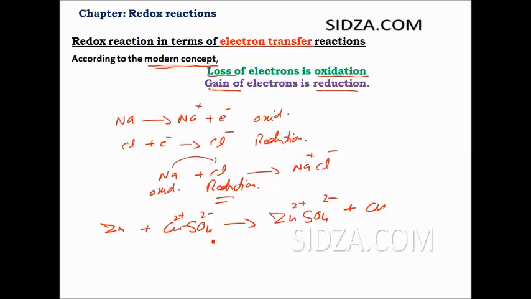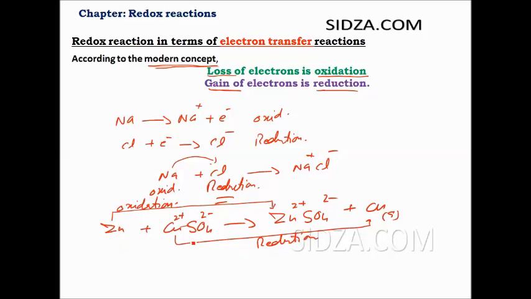So in this reaction zinc loses electrons and the copper gains. When zinc loses electrons and forms Zn2+, this loss of electrons is called oxidation. Copper gains electrons and forms neutral solid copper. Gain of electrons is called reduction.